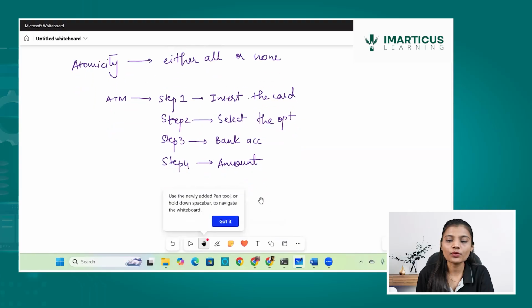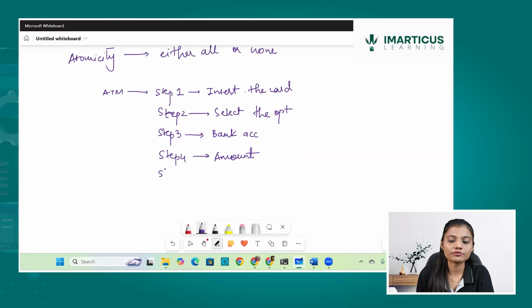So amount is required, and then I insert it. Step 5, after inserting the amount, it is asking me the ATM PIN. And once the ATM PIN is there, it will successfully process my account and gives me what? Money over here. So money will be provided after this.